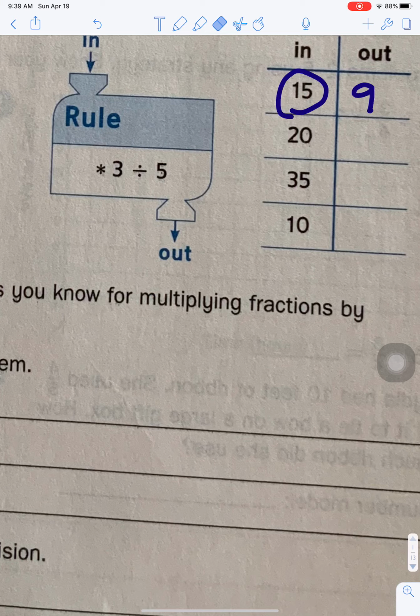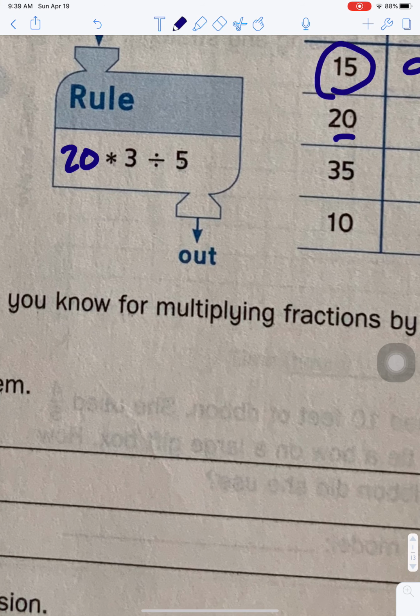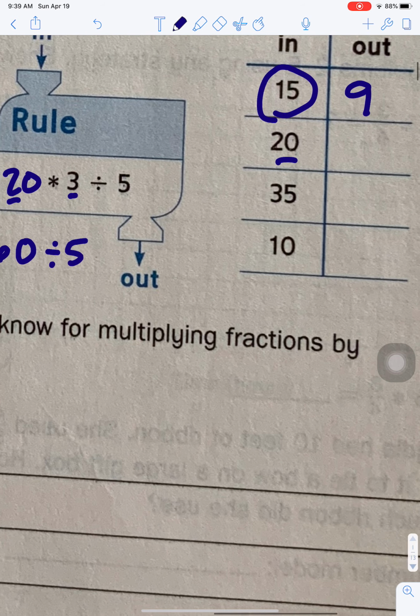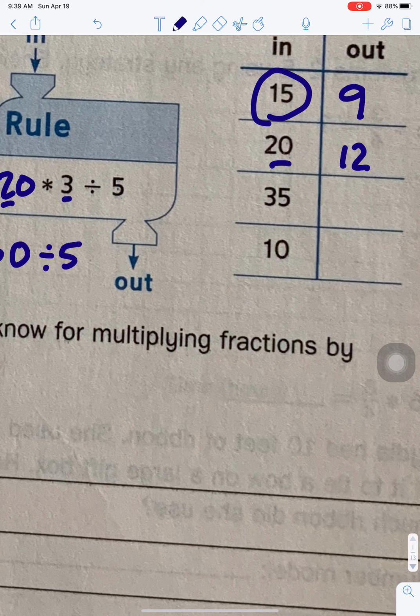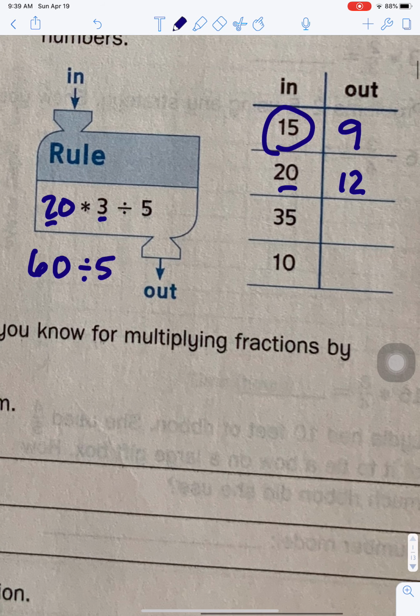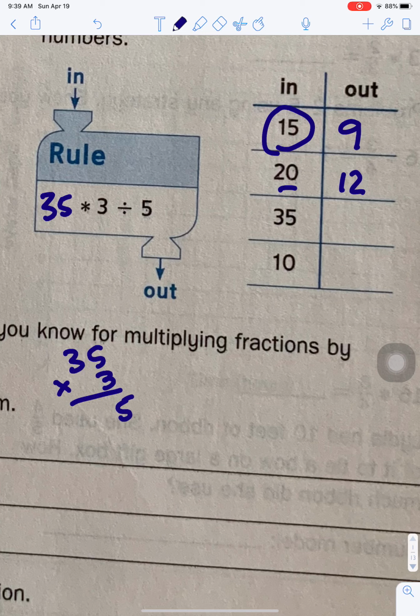Now we'll do the next input, 20. 20 times 3, I can do that in my head. 2 times 3 is 6, so 60 divided by 5 is 12. Next, we'll take a look at 35. In goes 35 times 3 is 105.